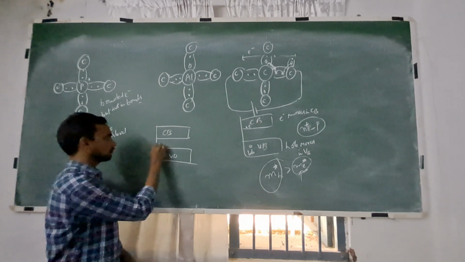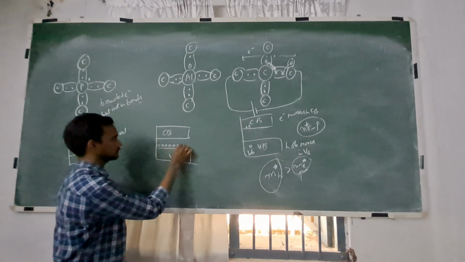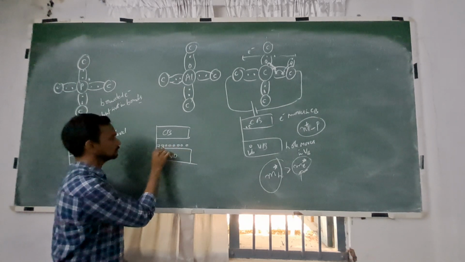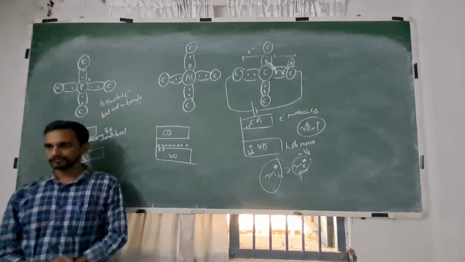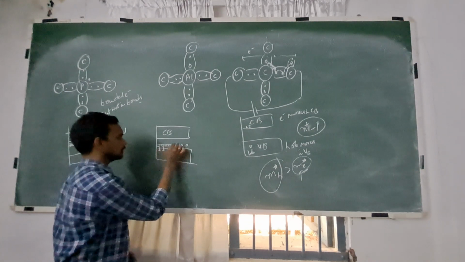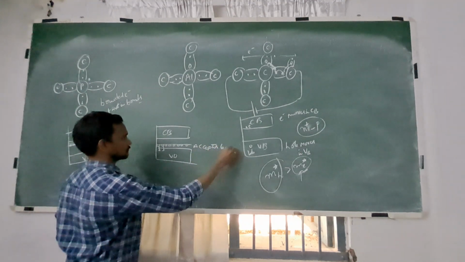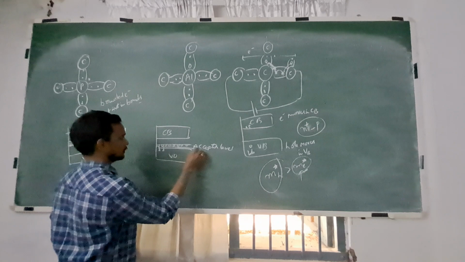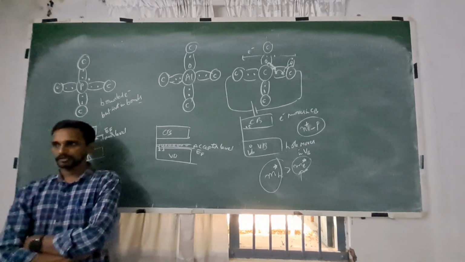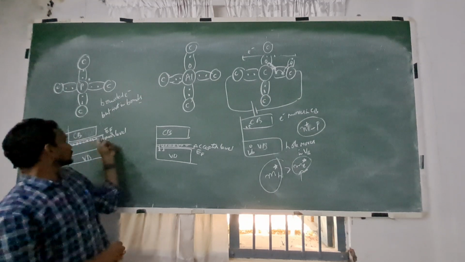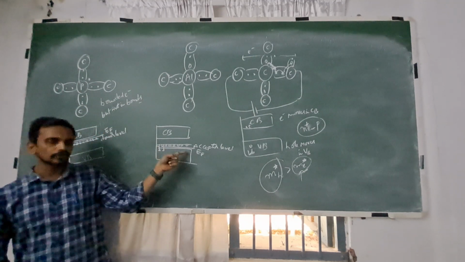So the energy level of holes will be nearer to the valence band. This is called the acceptor level, and this is the Fermi level. For N-type material, the Fermi level is nearer to the conduction band, and for P-type material, the Fermi level is nearer to the valence band.